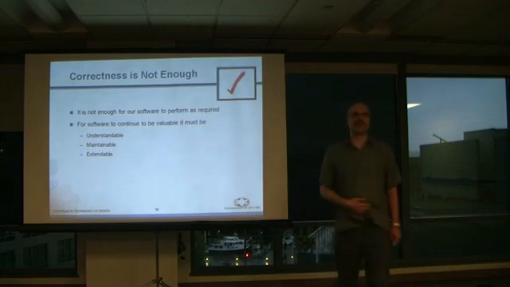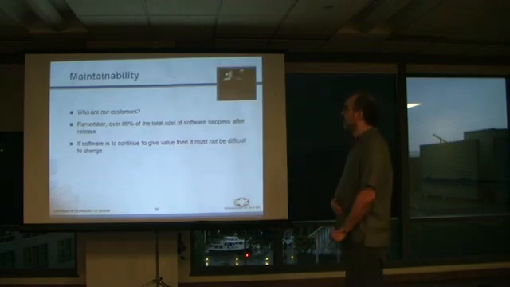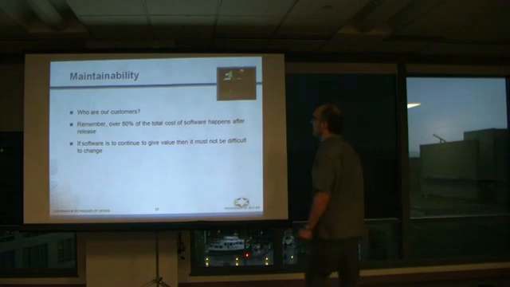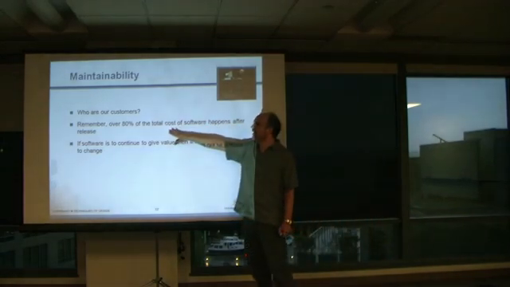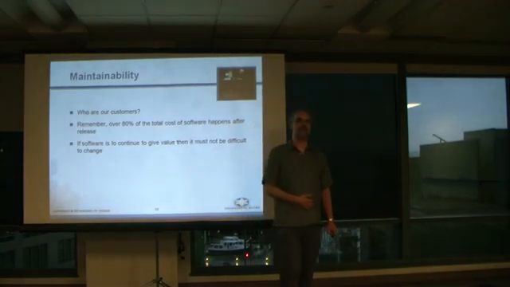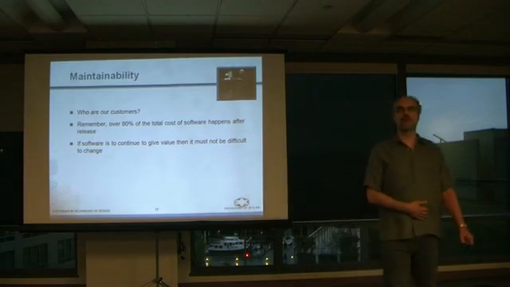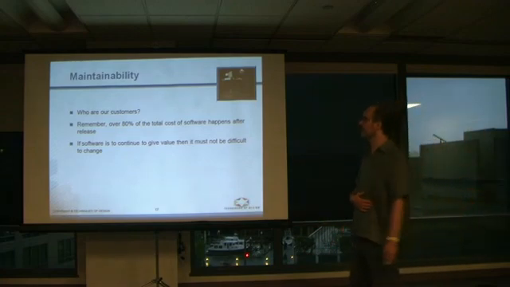So correctness is not enough, is what I'm saying. And obviously, since the vast majority of time and money is spent after software is released, maintainability is a very critical part of the overall cost of ownership for software.